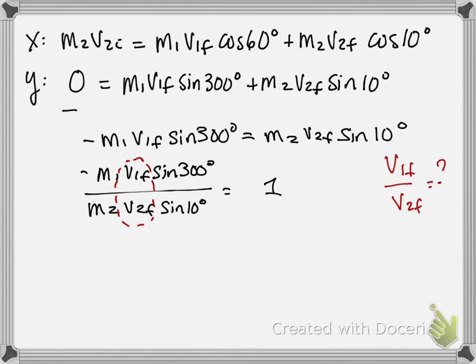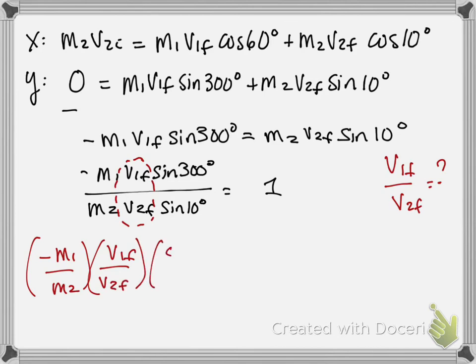I'm going to split up this kind of disgusting fraction into minus M1 over M2, V1F over V2F, and then sine 300 over sine 10. Because there's a lot I can plug and chug here, since mass 2 was 3.5 times mass 1. So I'm going to scoot to one more page.